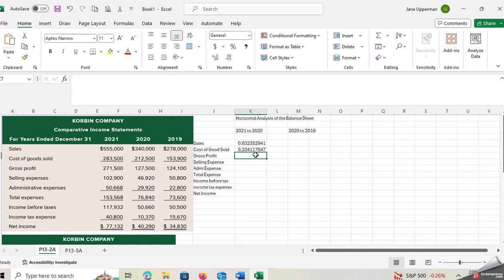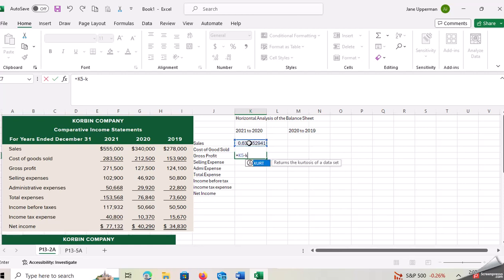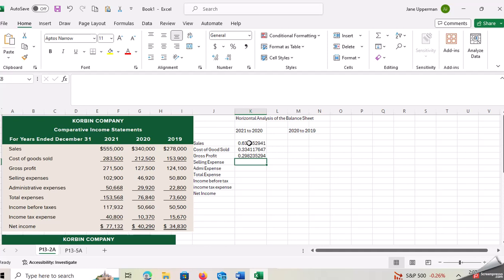Now our gross profit is truly our sales minus our cost of goods sold, so this should work if I can get it in there. That gives the 29%.